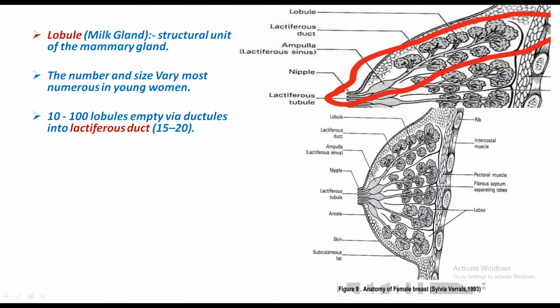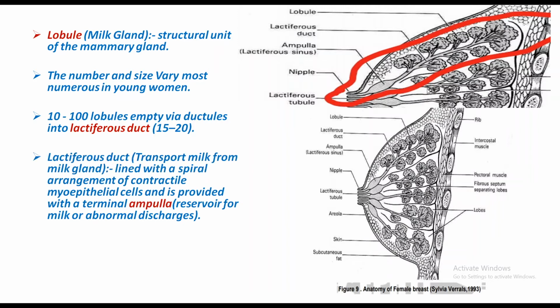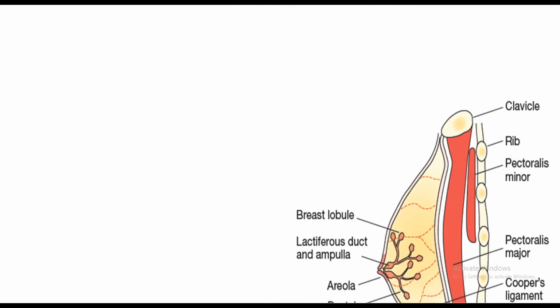You can see these are the lactiferous ducts and the lobules are opening into them. The lactiferous duct transports milk from the milk gland, is lined with a spiral arrangement of contractile myoepithelial cells, and is provided with a terminal ampulla. So this is the ampulla. The ampulla is the reservoir for the milk or abnormal discharges.